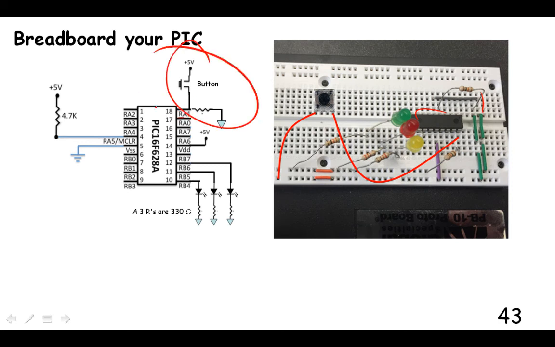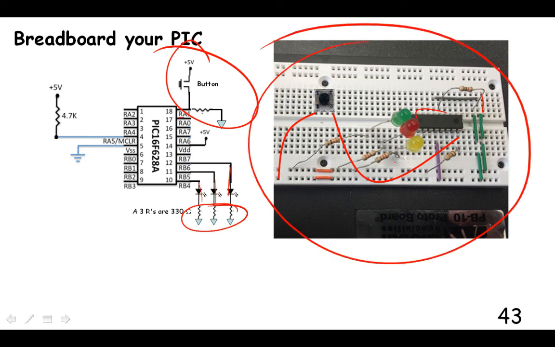Last week we had no input, it was just operating on its own. And we also need 3 resistors here instead of 1 because we're going to have more than one LED on at a time, so you need a separate resistor for every LED. And it'll look something like this when you breadboard it up, with each one of the LEDs using its own resistor, and you can put your different order of colors, whatever you like.